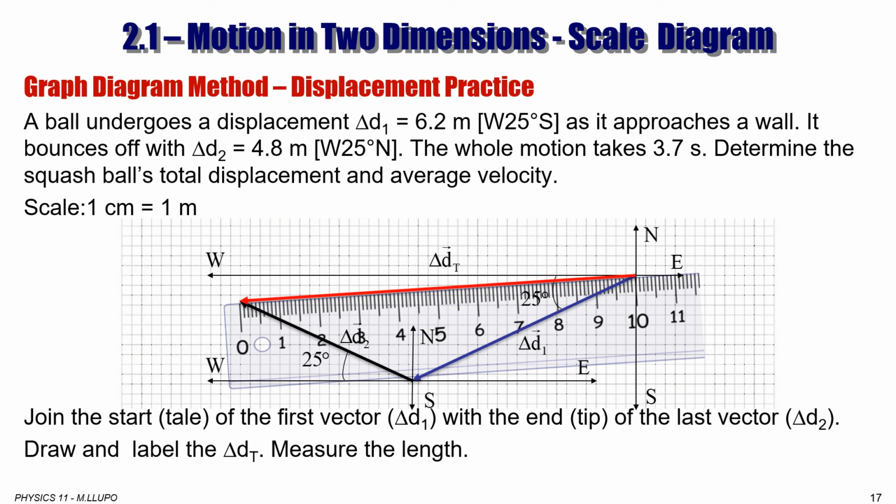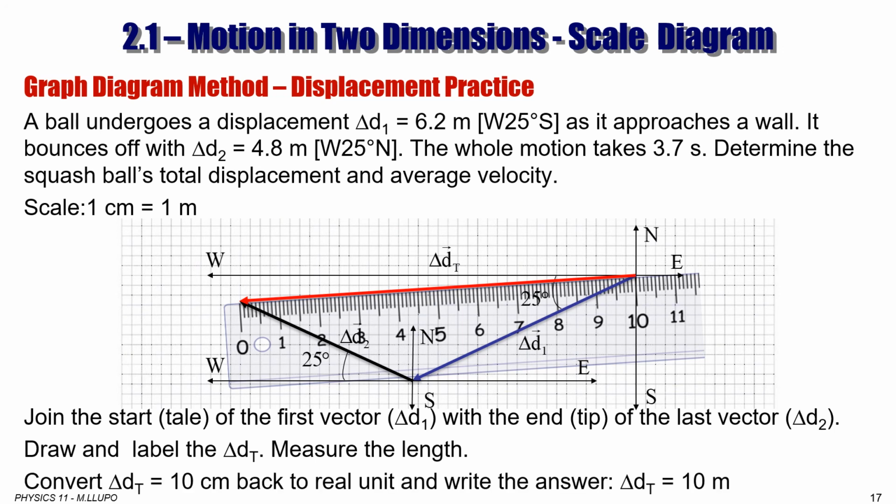So measure the length and convert it back to the unit that you started with. Remember, 1 centimeter is equal to 1 meter. So now we have 10 centimeter, but we cannot say 10 centimeter as a total displacement.